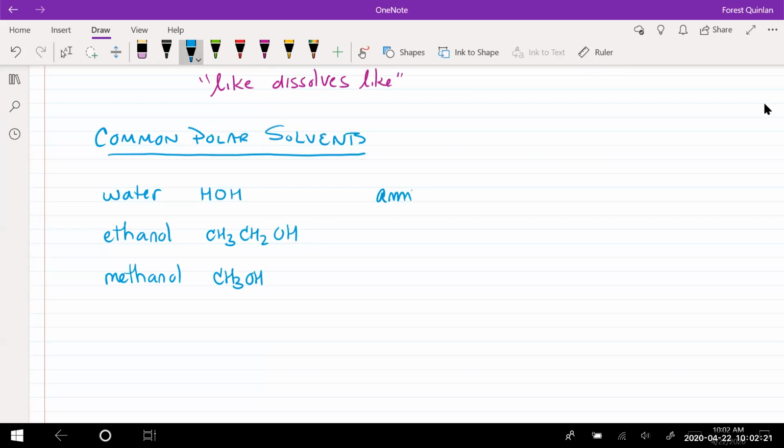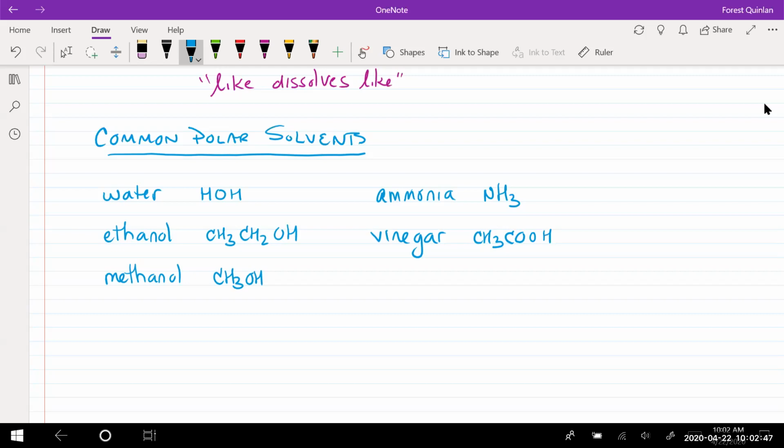Oops, whoa. And that's NH3, again, very polar. And a couple of other things that we like to dissolve things in is vinegar, which I'm going to write as CH3COOH. I'm going to use the organic way of writing it.